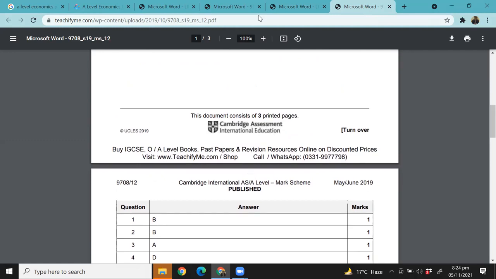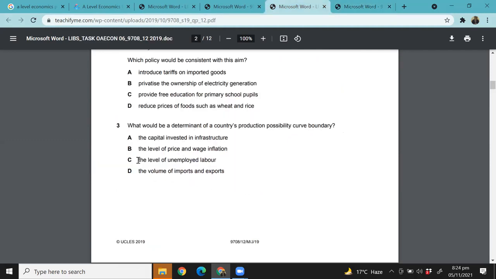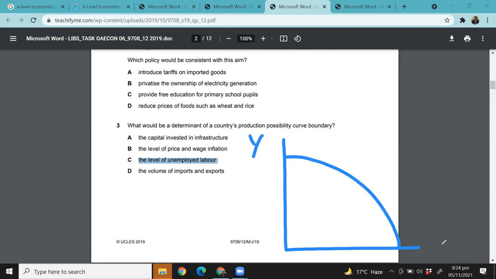So what's the reason for that? You said the level of unemployed labor, right? The idea is that unemployment doesn't determine the boundary, it just determines where the country is operating right now. Let me repeat myself. The unemployment of resources doesn't tell you the boundary of the curve, because the curve shows the maximum production potential.